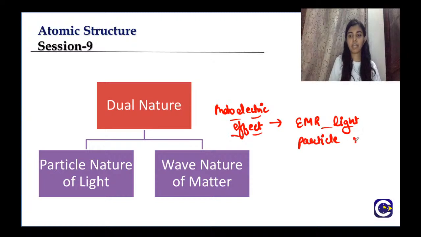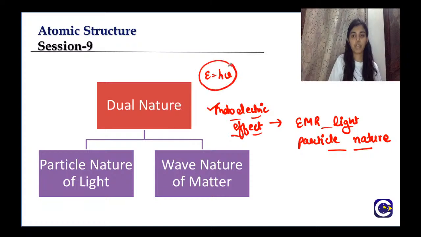This means that the particle nature of a wave can be explained by the photoelectric effect, which we studied in the previous session, that the radiation or light is made up of photons, where each particle has an energy of h nu. So this depicted how a wave can be present in particle form. So the particle nature of light we have already done.